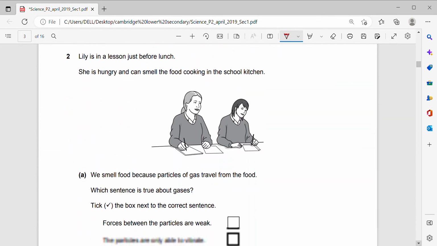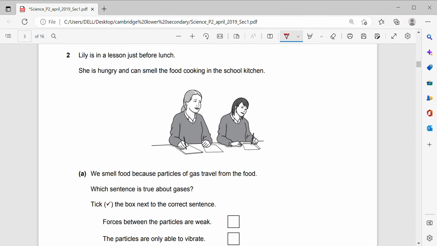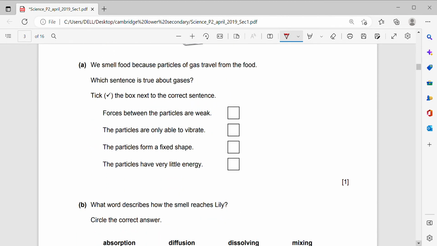Question number 2. Lily is in a lesson just before lunch. She is hungry and can smell the food cooking in the school kitchen. يبقى هنا Lily is hungry, she can smell the food in the school kitchen. We smell food because particles of gas travel from the food. ده حقيقي. طيب.